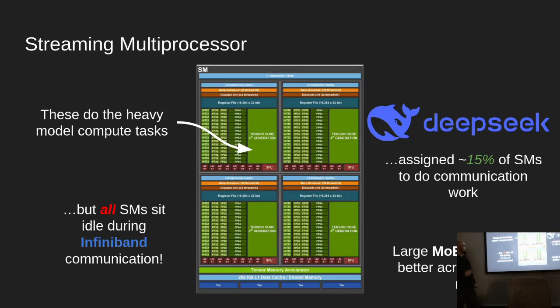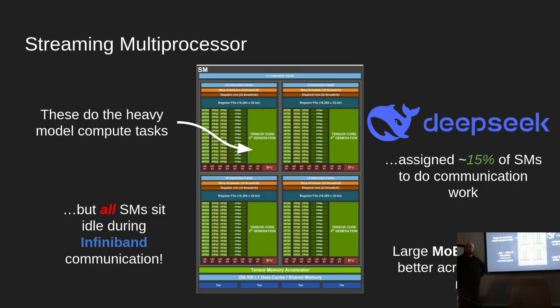Well, this is a streaming multiprocessor. Your typical training GPU right now has somewhere in the neighborhood of just over 100 of these in it. It's basically an all-in-one setup that does a whole bunch of processing that's way more complicated than I can explain to you. But this bit here, the tensor core, is what's doing all the fancy work. What they discovered is that when they were utilizing InfiniBand, when that bubble was occurring or when they were trying to get all these layers and data processing together, all the SMs were sitting completely idle.